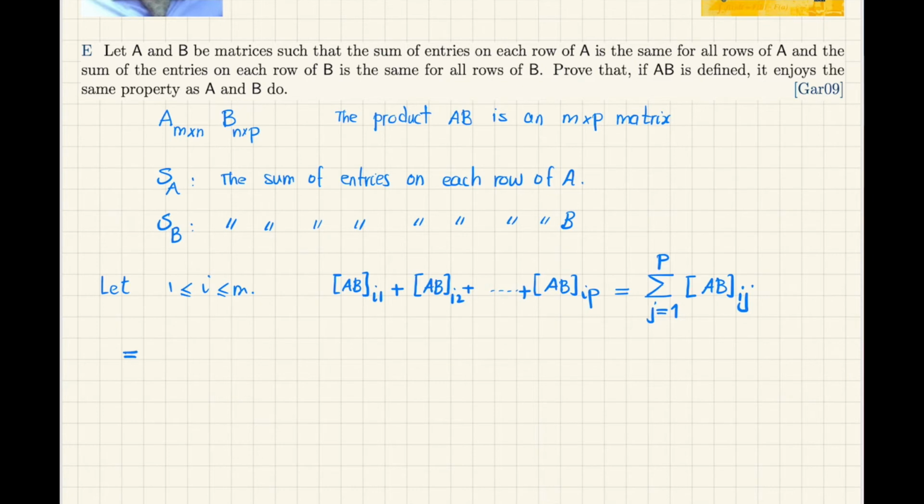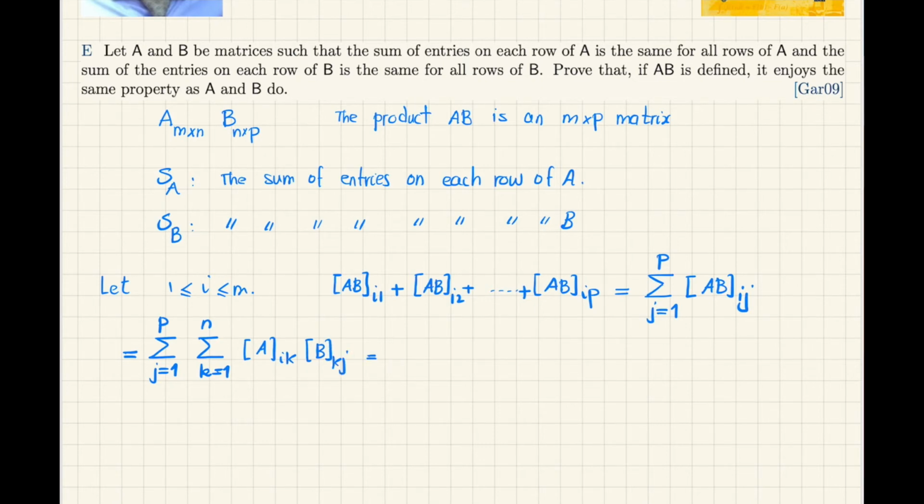But then this can be written as, let me copy and paste the sigma here, but we have a formula for the ijth entry of a product. This is equal to a sigma. I need to choose a counter for my sigma. Let me call it k. It goes from 1 up to the number of columns of A, or equivalently to the number of rows of matrix B. So this becomes up to n, and then I will have a sub ik multiplied by b sub kj.